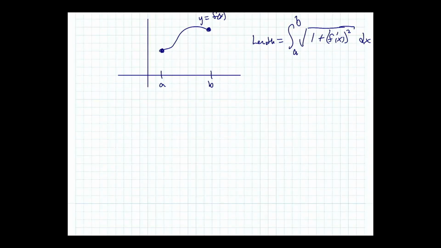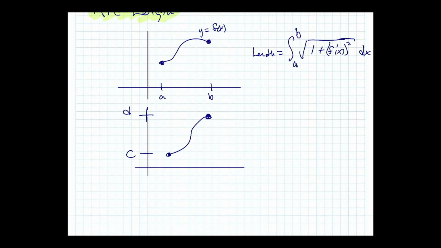And I guess I'll draw it the other way too. You can have your curve like this, and you can have bounds on your y-axis, a and b there. I guess maybe I'll call them c and d. And in order to do it this way, your curve would need to be x as a function of y, right? So the variables are kind of reversed, and your limits of integration are here.